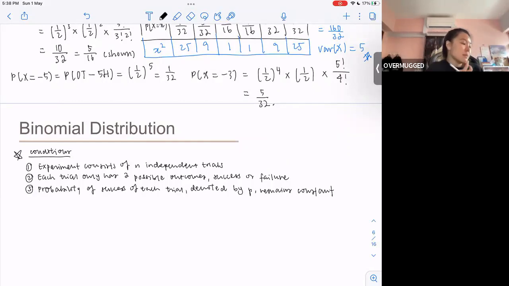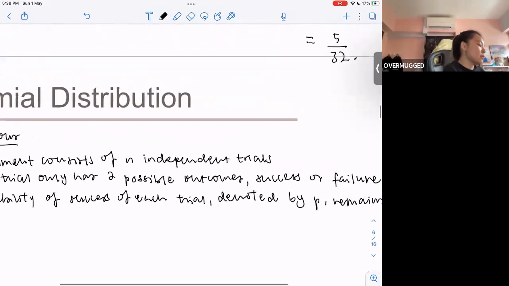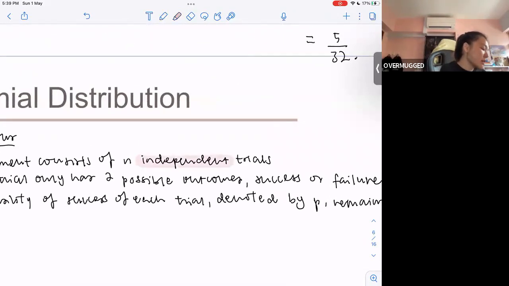Before moving on, I just want to ask if you know what it means when I say independent trials. What does independent mean? I know I'm not covering this chapter, but I just want to briefly touch on it.